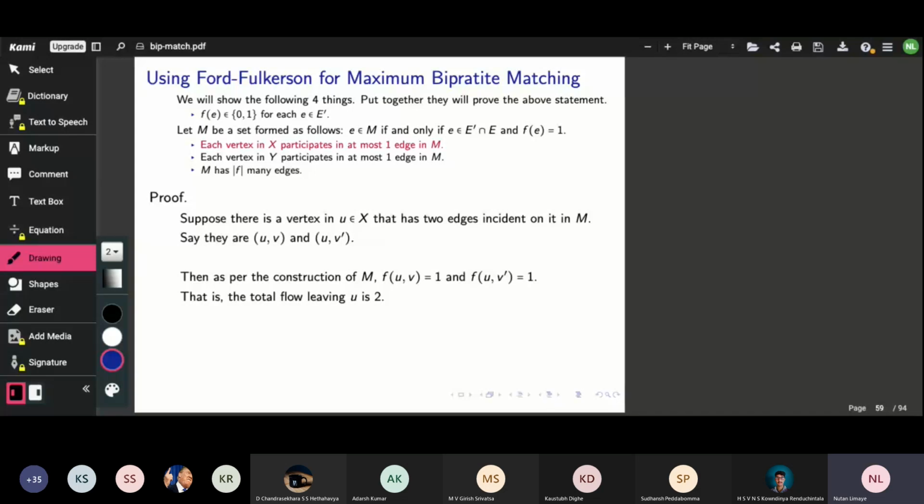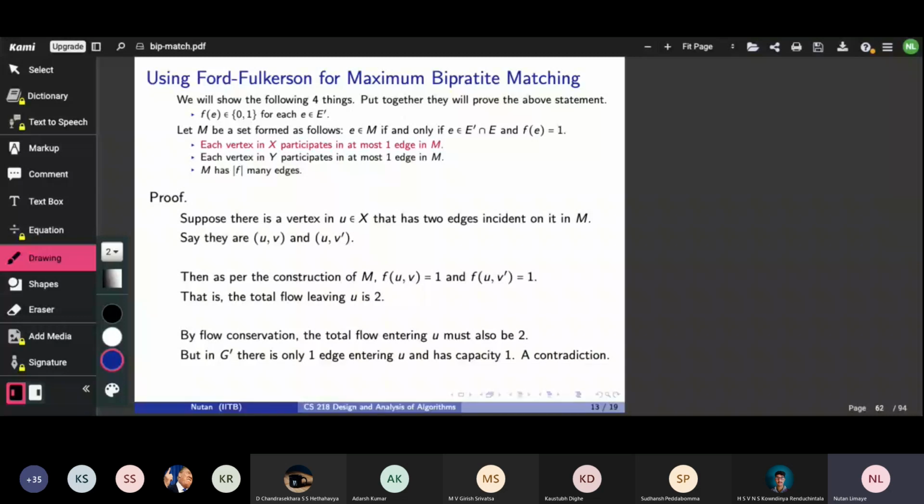But as I think Aditya and Adarsh both have said in the comments, the total flow leaving U is 2, but by flow conservation, the flow entering U also must be 2. However, in G prime, there is only one edge entering U by our construction, and that has capacity 1. So that gives a contradiction. Okay, so this is the same as what you would have said if you were to reduce it via the edge disjointness problem as well.